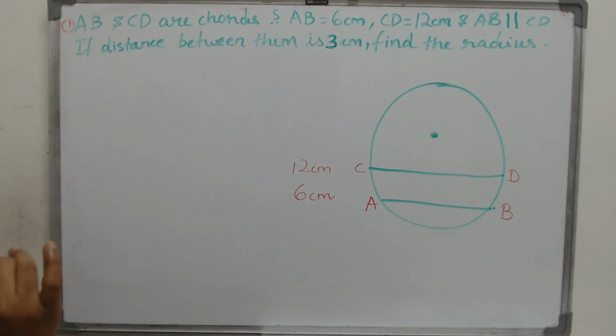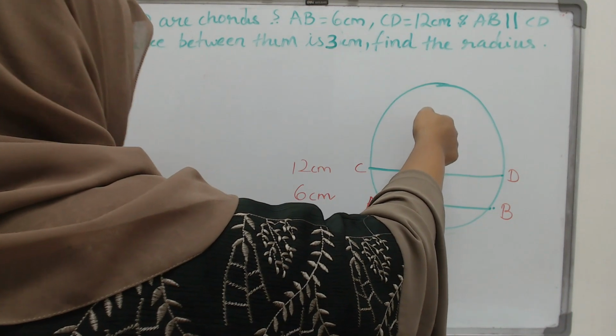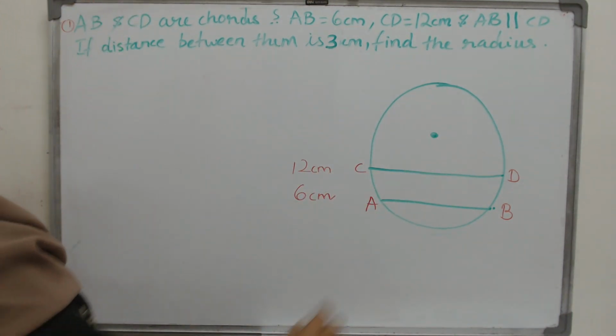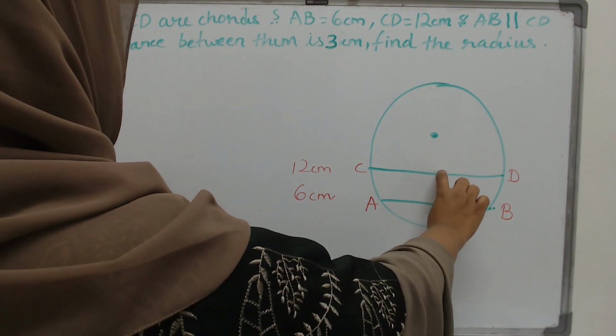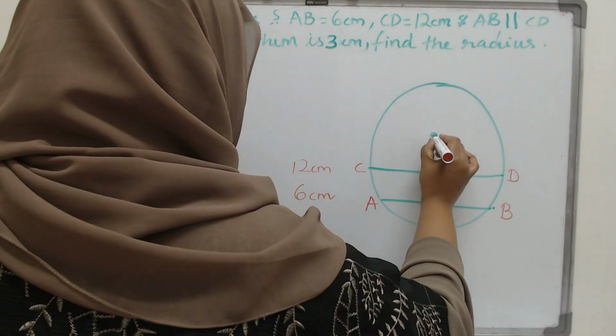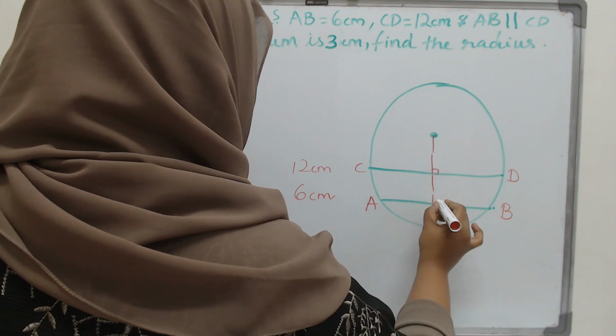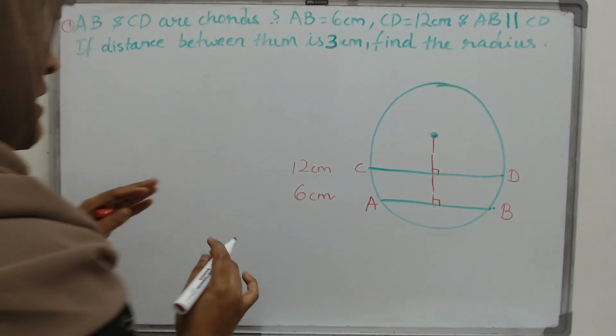The minute you hear distance, you should know that if it is from the center, it will bisect and it will be perpendicular. So instead of just taking this distance, why don't we take all the way from here? Then you will get two beautiful right angles. Why?